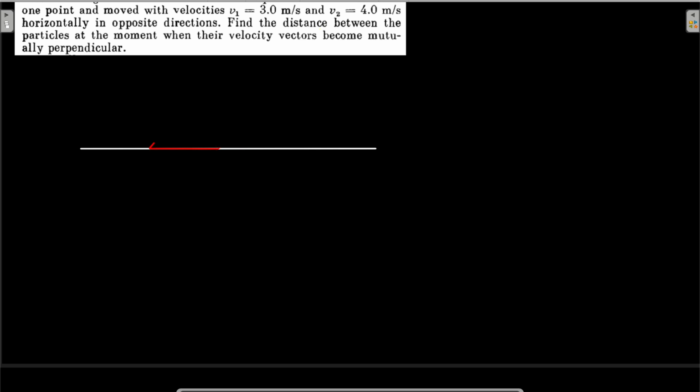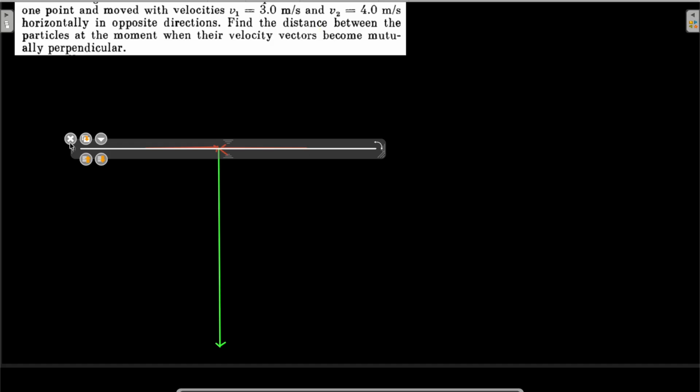Now we'll draw the velocities head to head like this. Just a second. One we'll draw like this, the other one we'll draw like this, slightly larger. Now we'll add one common gravity vector. We'll remove this, we don't need it now.